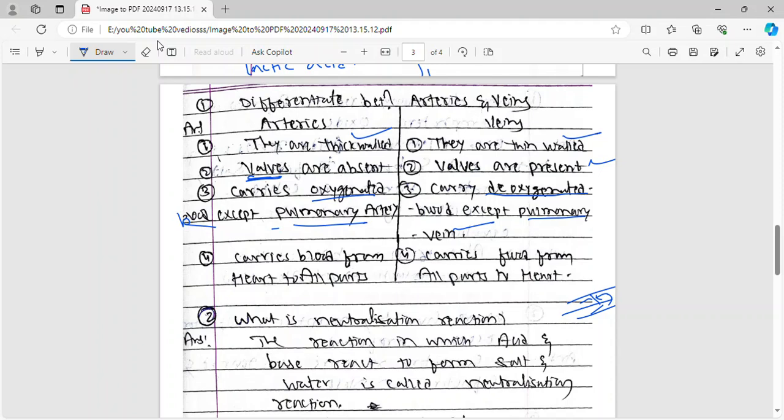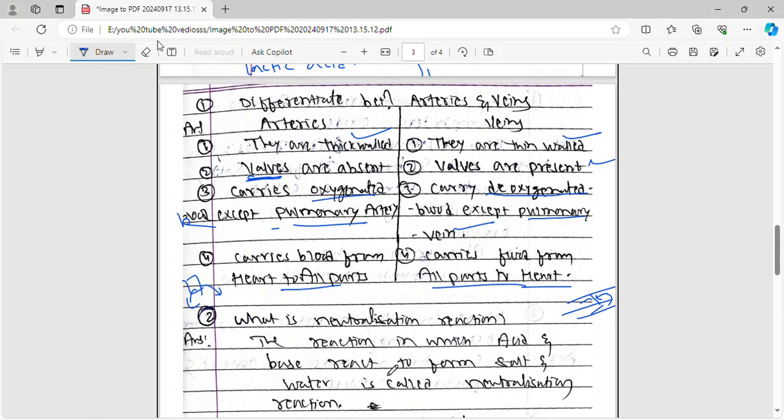Arteries carry the blood from the heart to all the parts, whereas veins carry the blood from all the parts to the heart. These are the four differences you can write between arteries and veins.